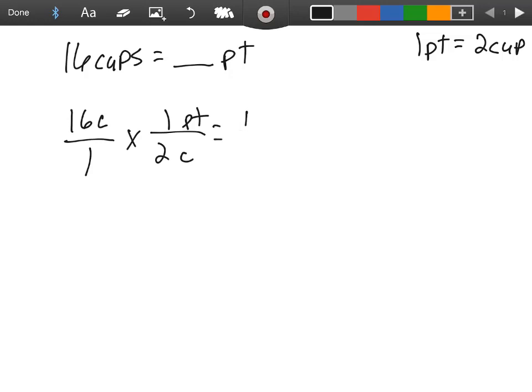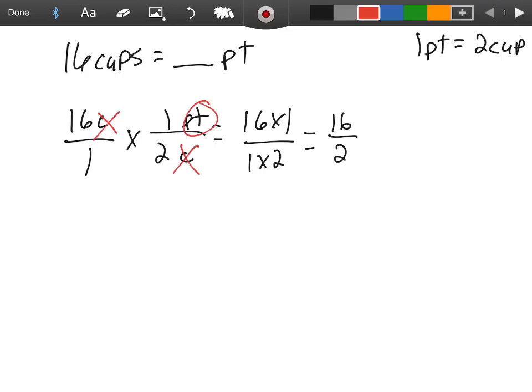And then we multiply. We have 16 times 1 on top and 1 times 2 on the bottom. So we end up with 16 over 2. Our cups cancel out, and we're left with pints. So 16 divided by 2, I think we can probably do that one in our head. That equals 8 pints. So 16 cups would be equal to 8 pints.